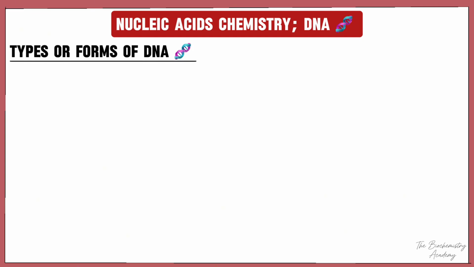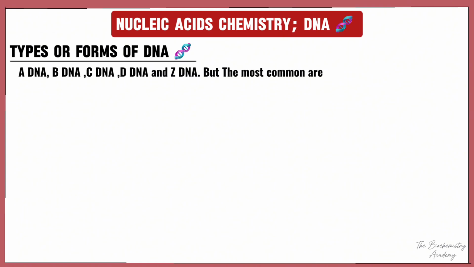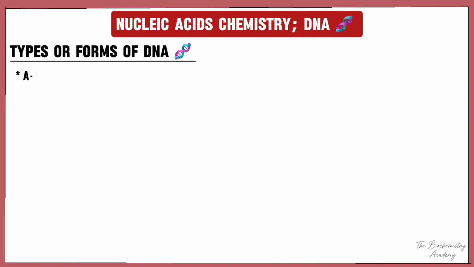DNA takes different forms and it can be classified as A DNA, B, C, D, and Z DNA. But the most common are the A DNA, B DNA, and Z form of DNA. Now let's begin with the A form of DNA. The A form of DNA is a right-handed helix.